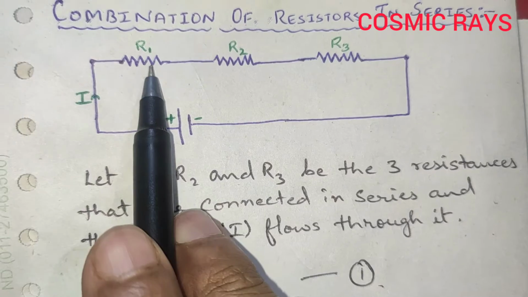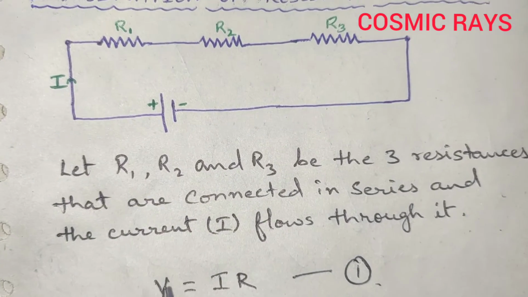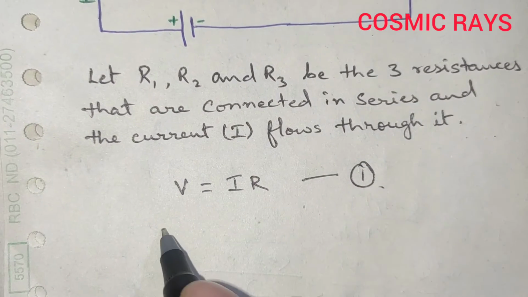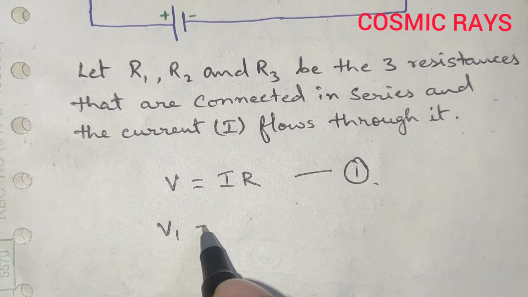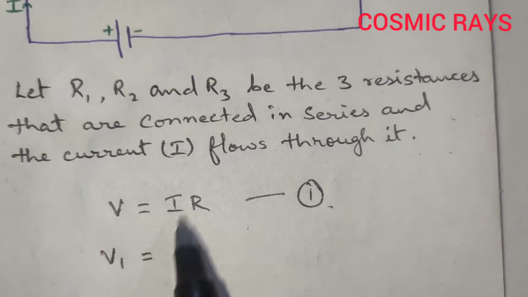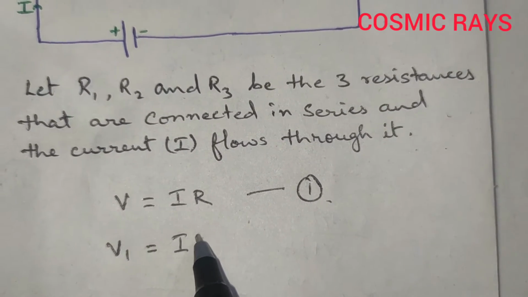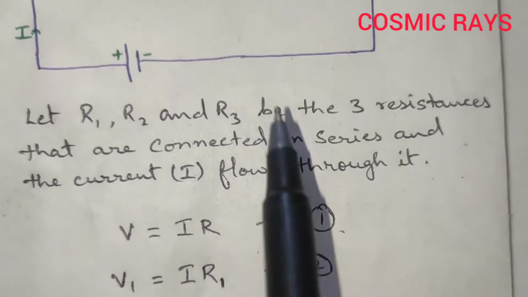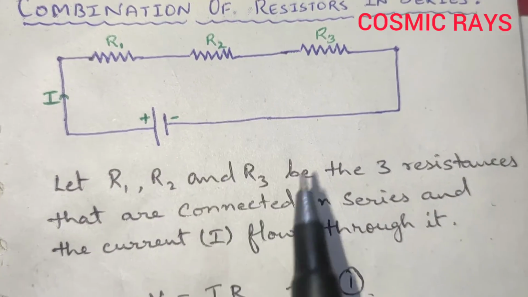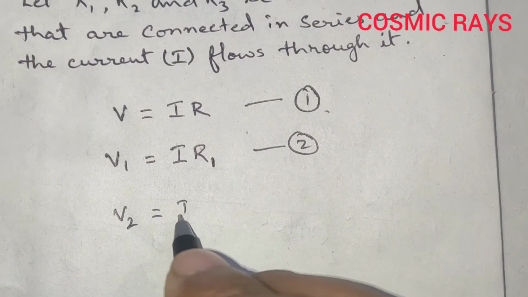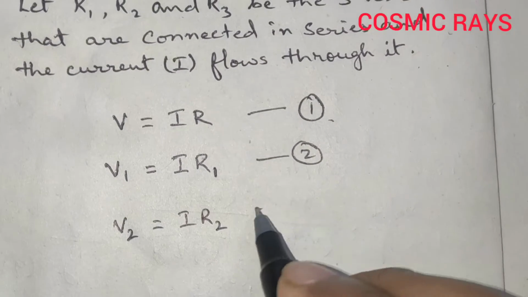If we talk about the first resistance, then here the potential difference will be V1. So the value of V1 will be IR1. Similarly, the potential difference across R2, that is V2, will be IR2.